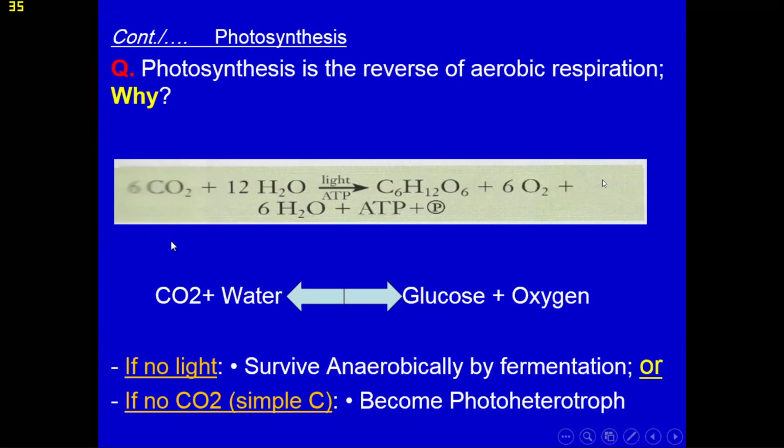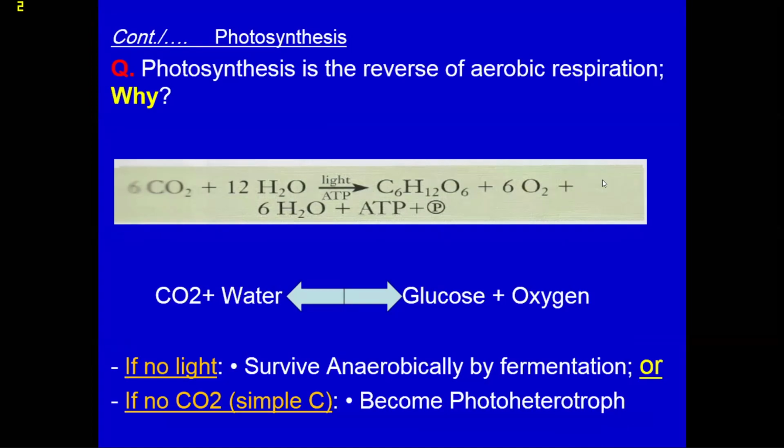So CO2 and water produce glucose and oxygen. Now if glucose, through glycolysis, plus oxygen, it will release at the end CO2 and water, one opposite the other.